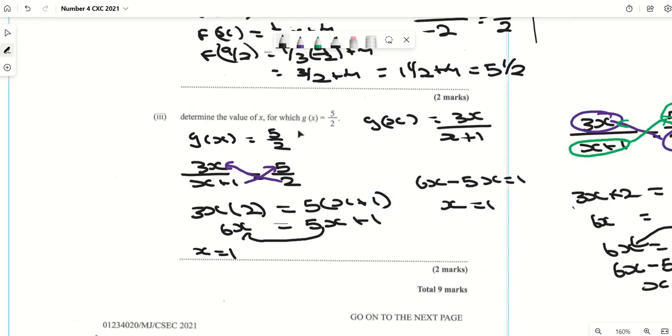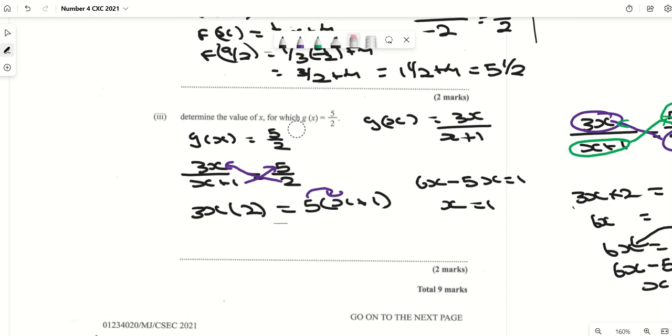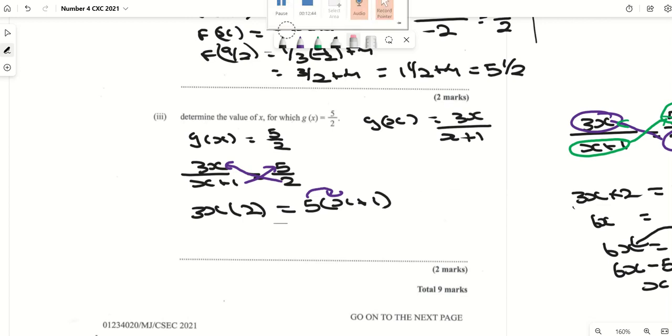Okay, so I made a mistake, right? What I am supposed to do is 5 by x. Let me just erase this. Right, so what I'm supposed to do, because I made a mistake, is 5 by x is 5x, and 5 by 1 is 5 before I put 1. So it's supposed to be 3 by x is 6x is equal to 5 by x is 5x, and then 5 by 1 is plus 5.